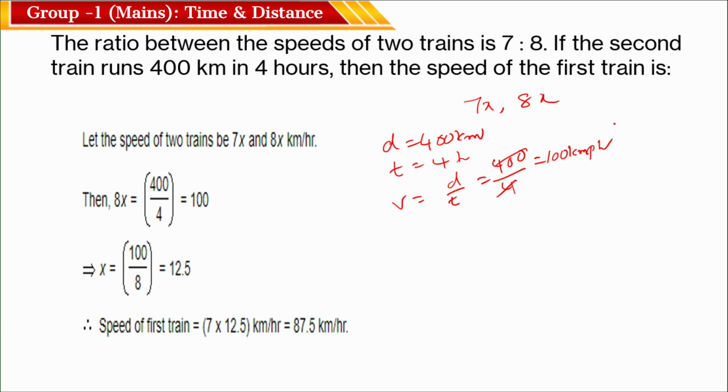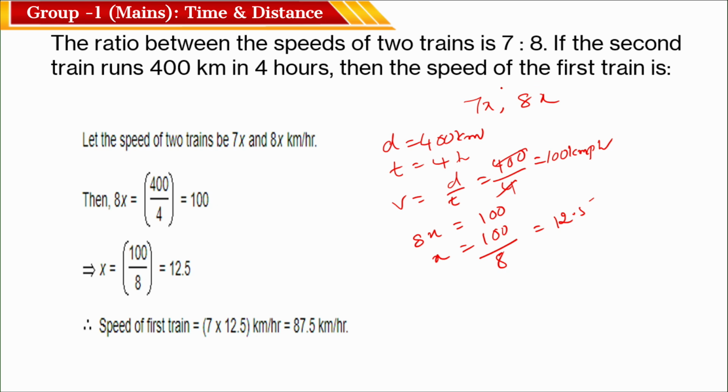This is the speed of the train, but what is the given information, that it is 7x and 8x, because they are in the ratio 7:8. So we can say 8x is equal to 100 kilometers per hour, or x is equal to 100 by 8, correct? So 100 by 8: 8 12s are 96, 8 5s are 40, which means it is 12.5. What is x here? Here we are saying it is 12.5.